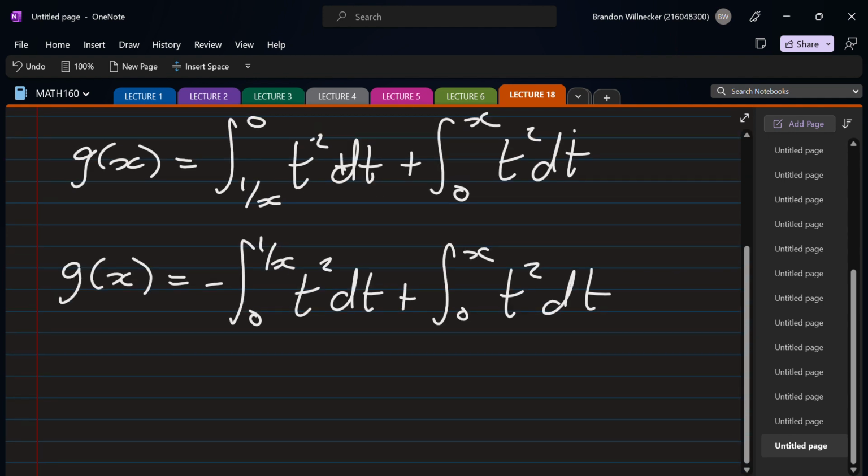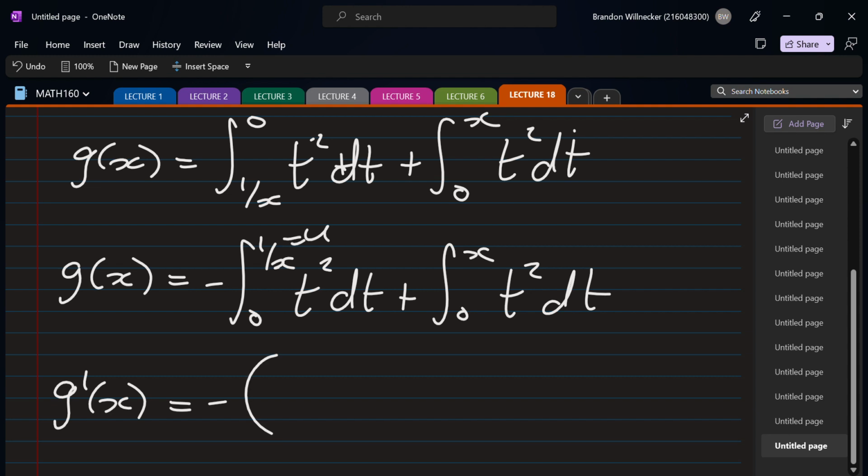Okay, second term, that's straightforward to do. First term, we've got a problem with the 1 over x, we put a u substitution. So g prime, that's going to be minus. Since we did that u substitution, we replace the t with the u, so we get u squared. du by dx, u is x to the minus 1.